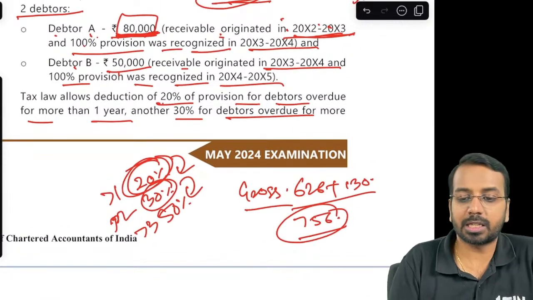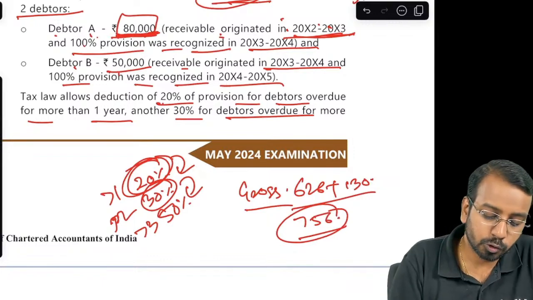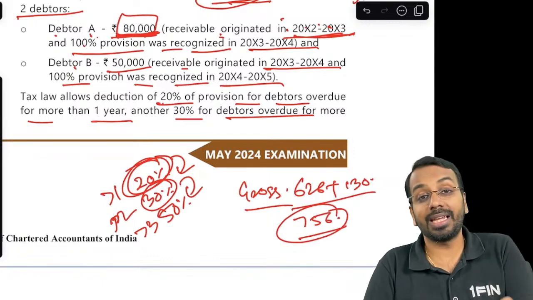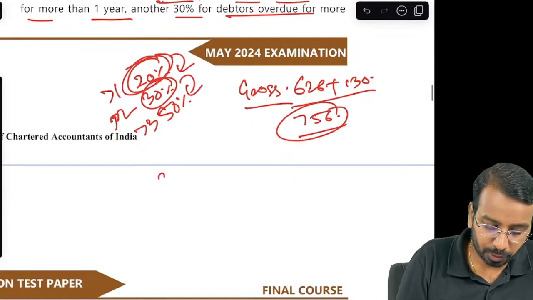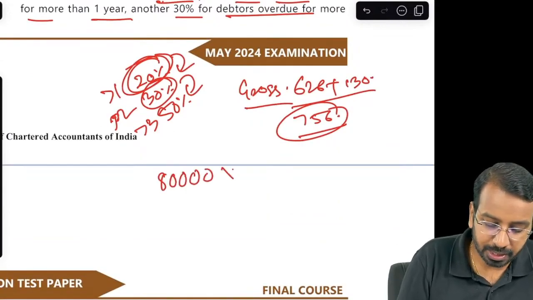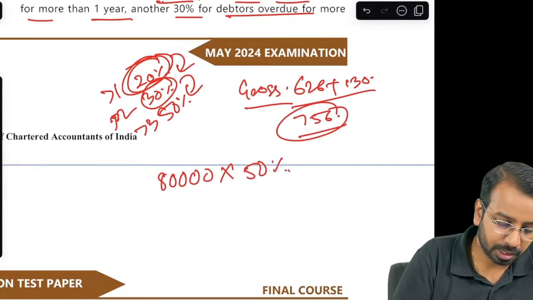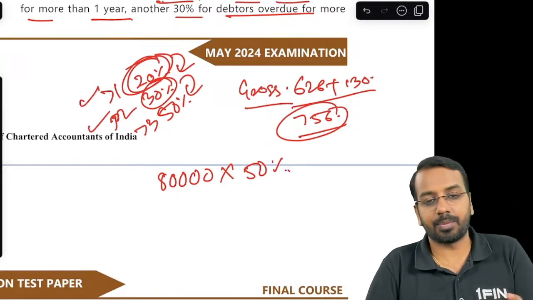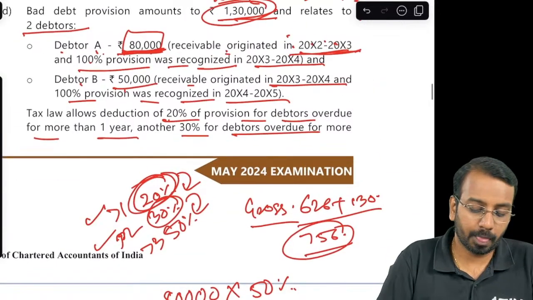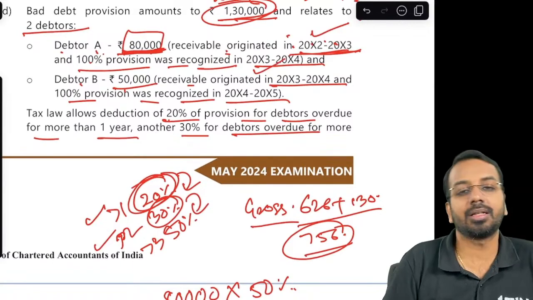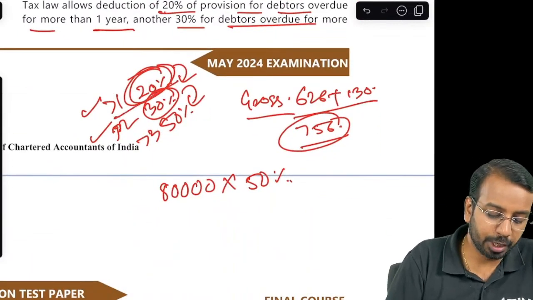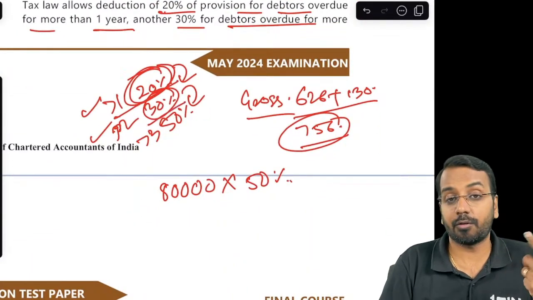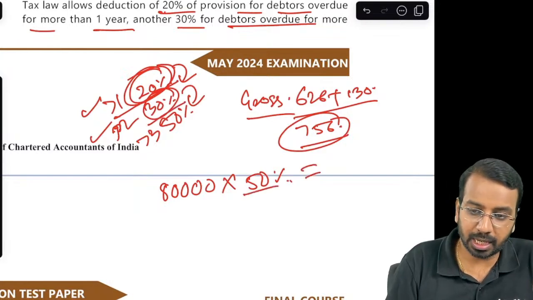Then 2 years when it passes by, you can claim another 30%. So 2, 3 it was originated. So in 3, 4 and 4, 5. So for debtor A, 80,000 into 50%. Year 2, year 3 and year 3, year 4. So 20% for the first year, 30% for the second year. So 50% you will charge, that is 40,000.